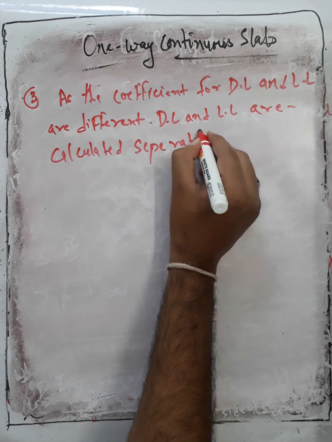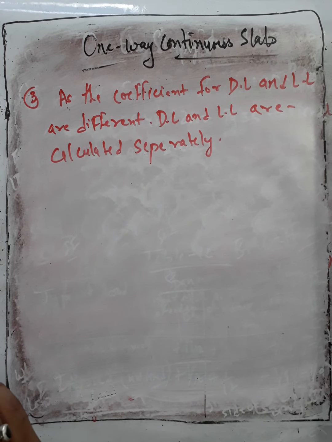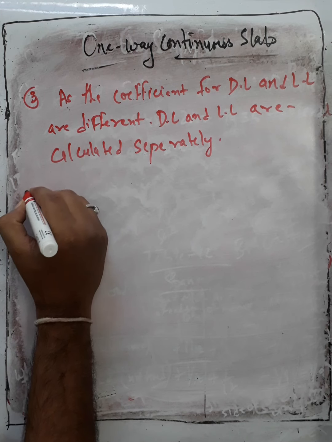When you visit IS 456 2000, you see in table number 12 and 13 there are different values for both bending moment and shear force, for dead load and live load. So for that, you have to find the dead load and live load separately.